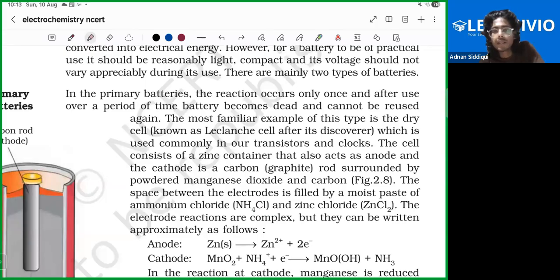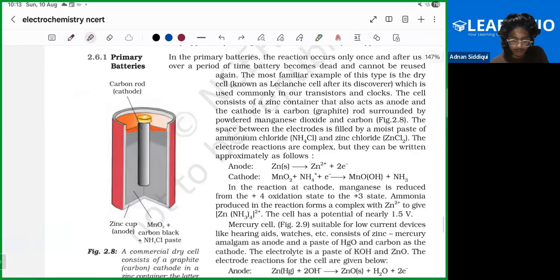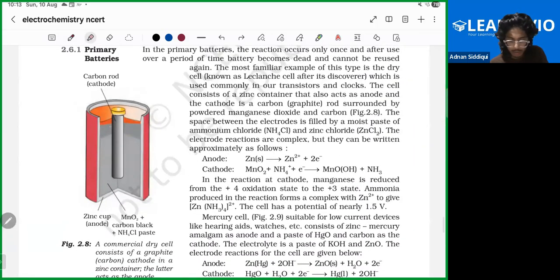The cell consists of a zinc container that also acts as the anode, and the cathode is a carbon graphite rod surrounded by powdered manganese dioxide. If you see this diagram, you can see how a primary cell looks. It has its cathodic and anodic parts. This carbon rod is the cathode, and this zinc cup is your anode.